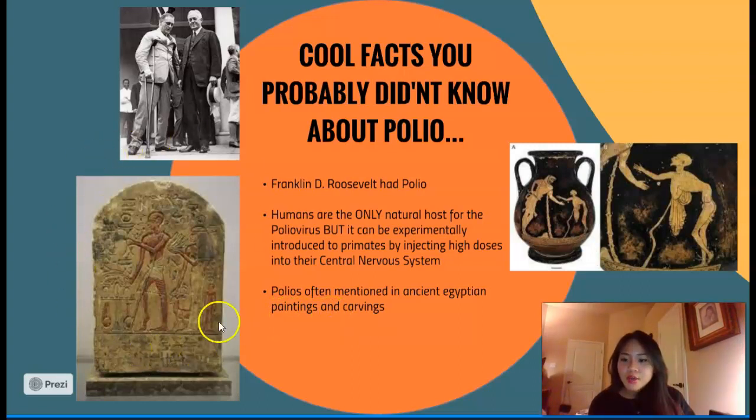Here, we can see this man also has a disfigurement in his right leg. And here at this base, you can see this man's spine has a disfigurement as well, which is very fascinating to think about, that polio existed back then, especially during ancient Egyptian times.